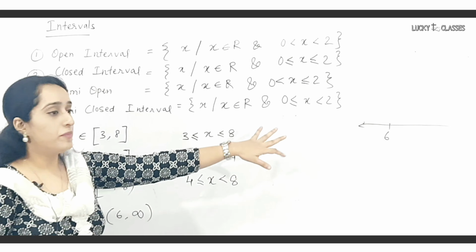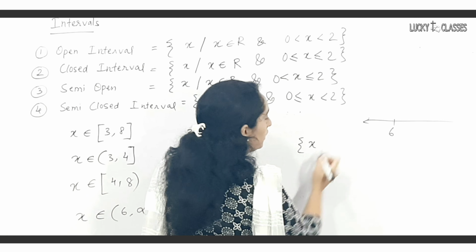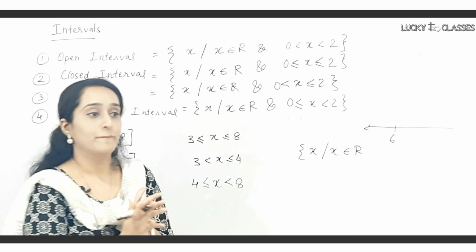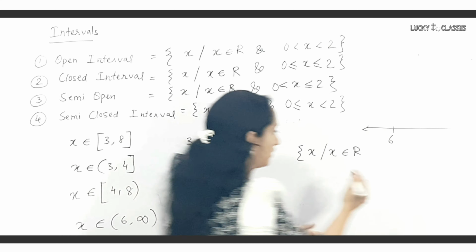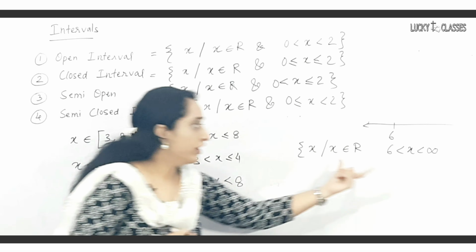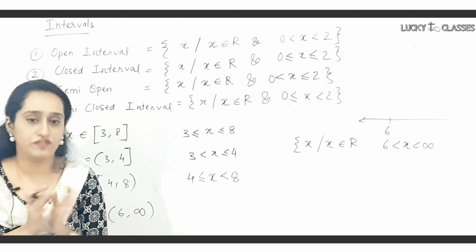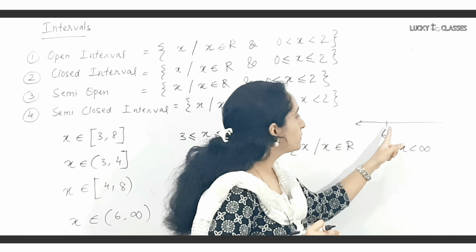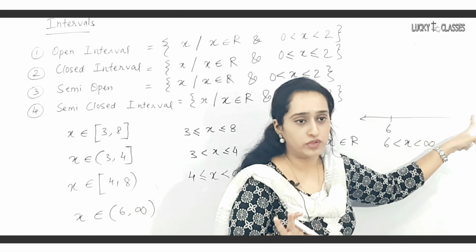If I want to represent this in set builder form, then I'll write: the set of all x such that x belongs to real numbers and 6 less than x less than infinity. Actually, we avoid this here. If I say x belongs to 6, infinity, logically it is a value which lies between 6 and infinity, but it is obviously not equal to 6 and not equal to infinity.